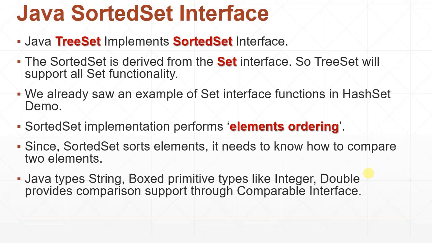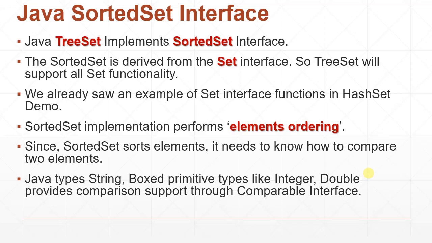If we want to store our own element, like previously we saw the Product class, then Java doesn't know how to compare two products. So we have to tell how to compare two products by implementing the Comparable interface. We will learn about the Comparable interface in a separate video.